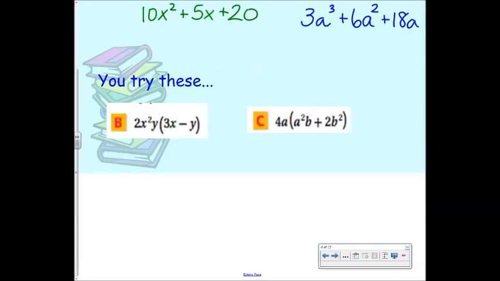All right, who can come up and do B or C? Oh my gosh, what is happening? All right, B or C? I think it's because it's not lined up.